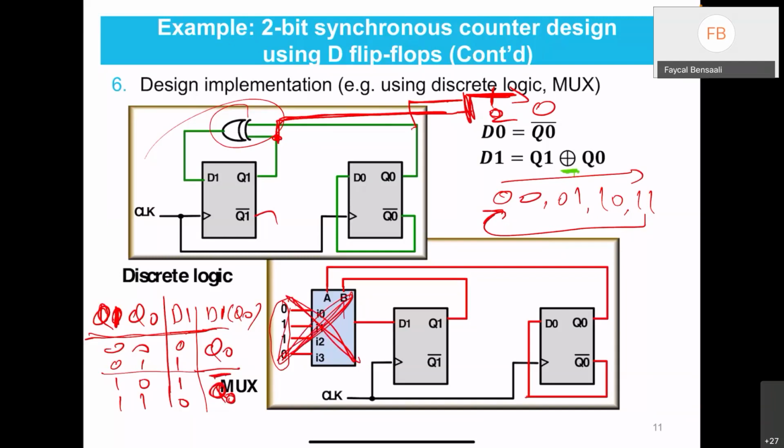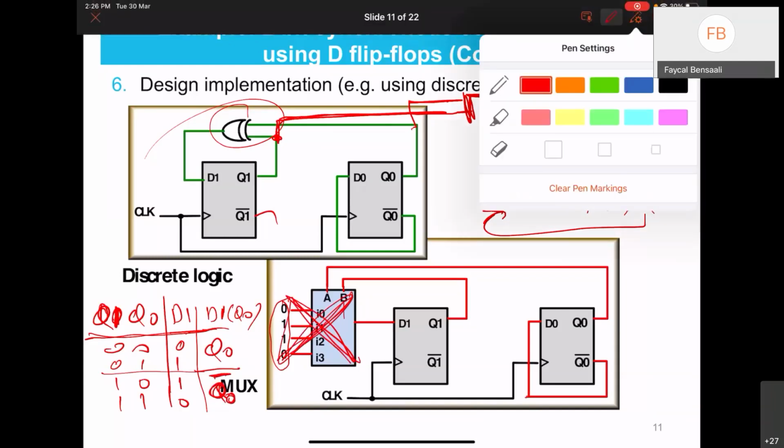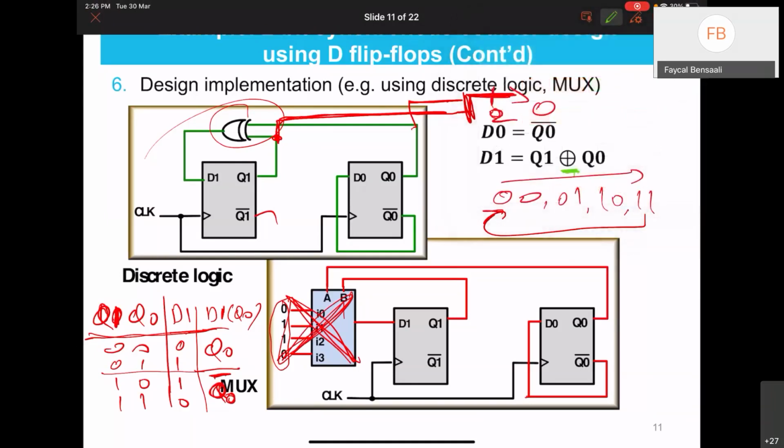So I can then replace this one here. What do I need to have? I need to have, let's put this here, a 2-to-1 multiplexer. So it will have one control line. The control line will come from where? This control line, Q0, and then we have two. It's Q0.